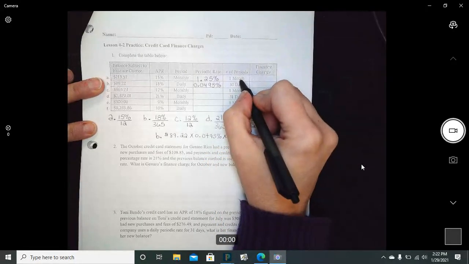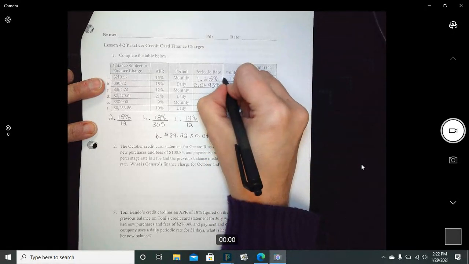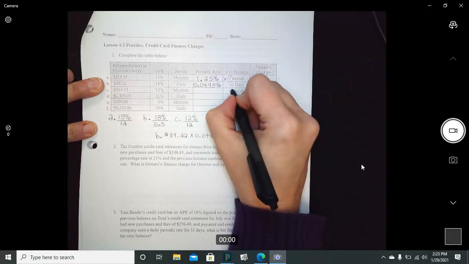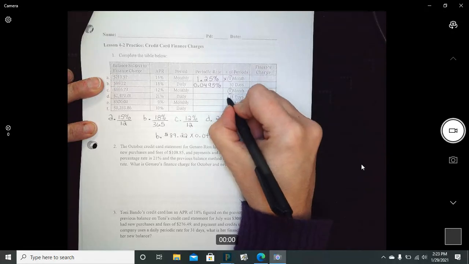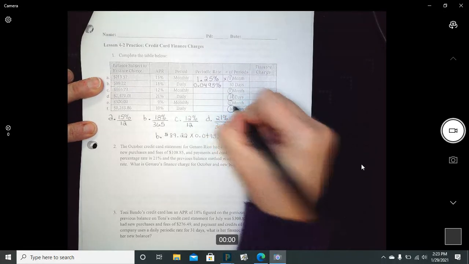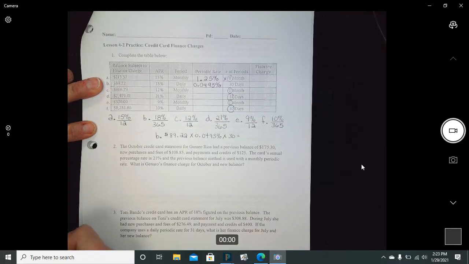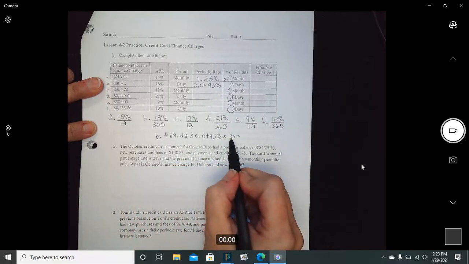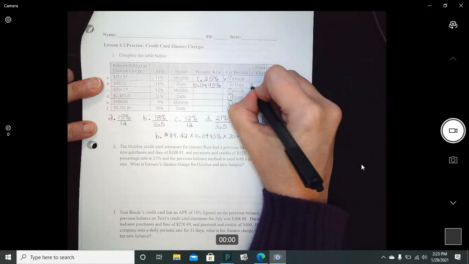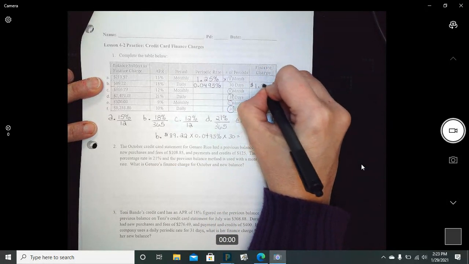Notice whenever you're doing this one, it's only going to be multiplied by 1. This one is multiplied by 1. This one is going to be 31, 1, and 30 if you're looking at those. So for B, if I multiply all of those straight across, my finance charge is $1.32.